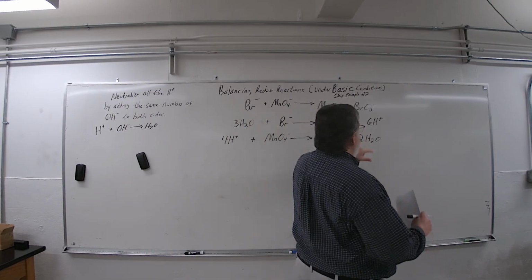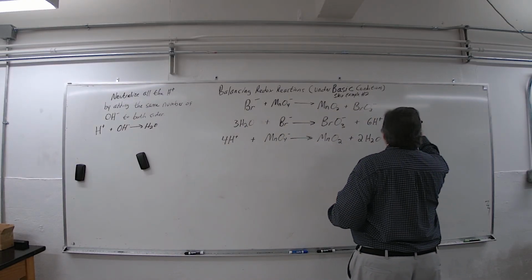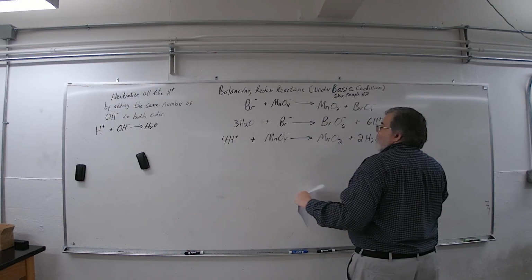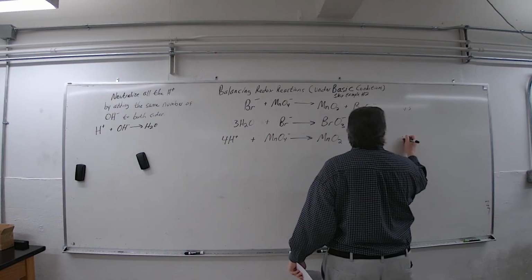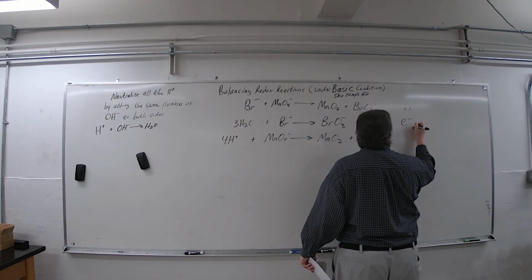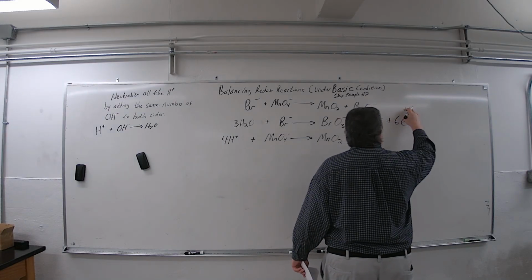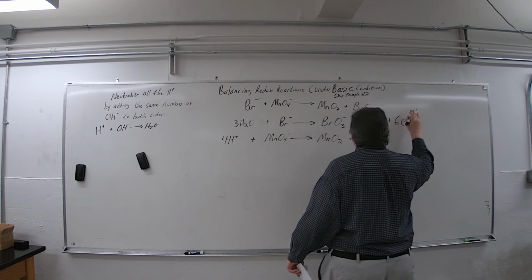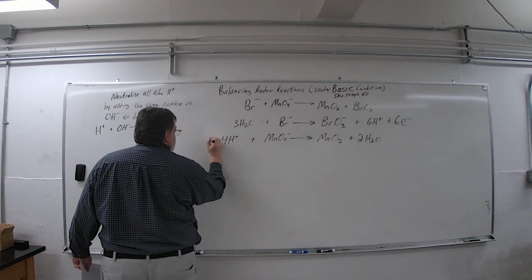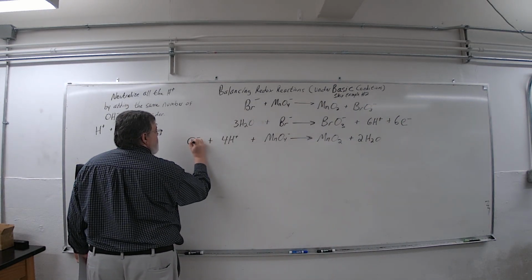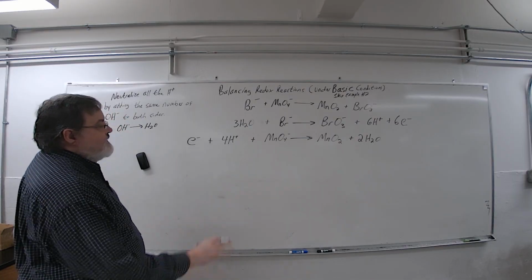Plus 6 minus 1 is plus 5. So we want to get to -1, so how many electrons do we have? So that'll take us from plus 5 down to -1. Electrons over here. That side's neutral.